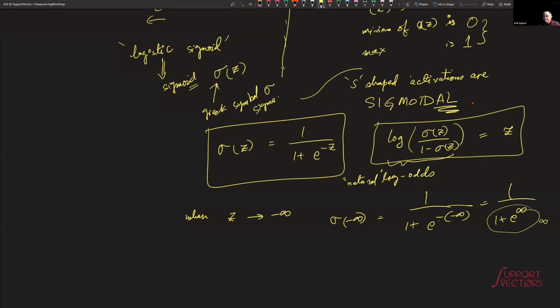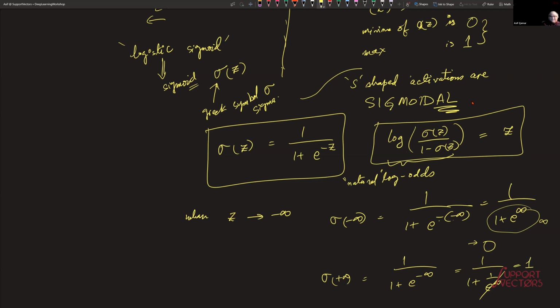It becomes infinity, and so sigmoid tends to 1 over infinity, which is very small, 0. Likewise, sigmoid of plus infinity: e to the minus infinity is 0, which is the same as 1 plus 1 over e to the infinity, so this term cancels out and this becomes 1.